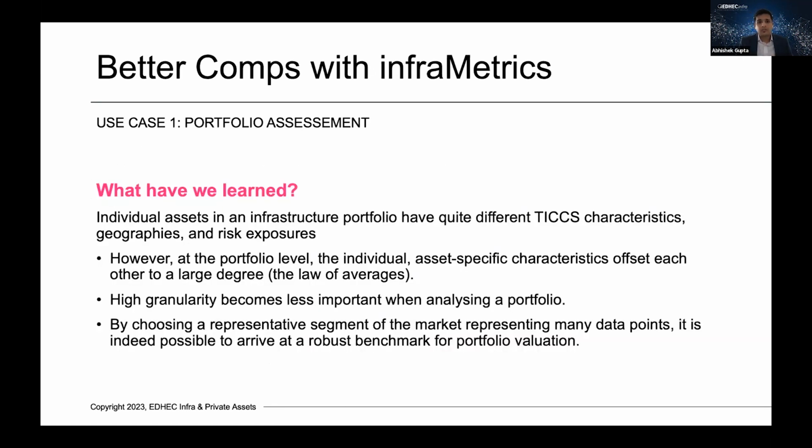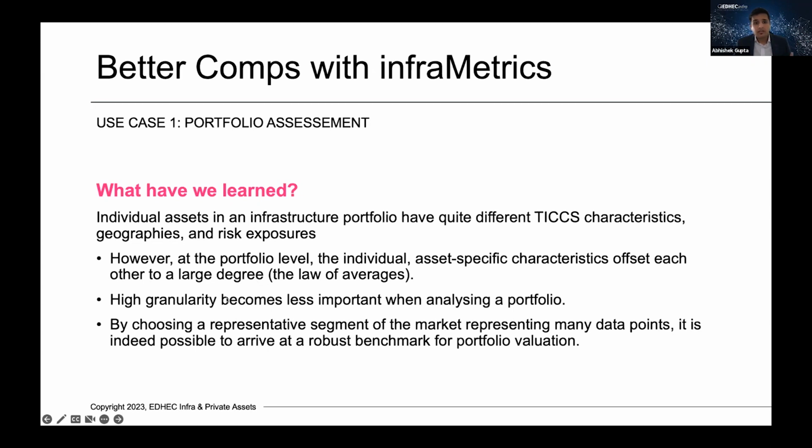So just to summarize, in use case one, we have shown you that in a portfolio, individual assets can have very different characteristics, geographies, and risk exposures. But if you start to look at the portfolio level, these individual asset-specific characteristics tend to offset each other to a very large degree. The law of averages comes into play here.